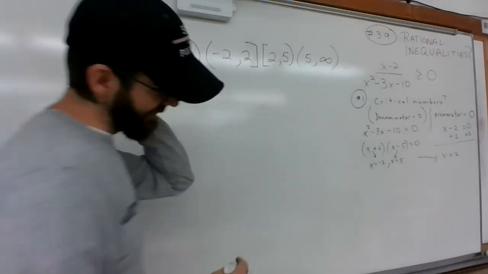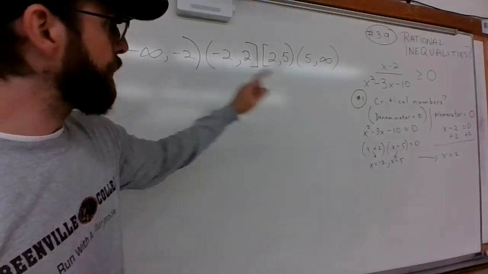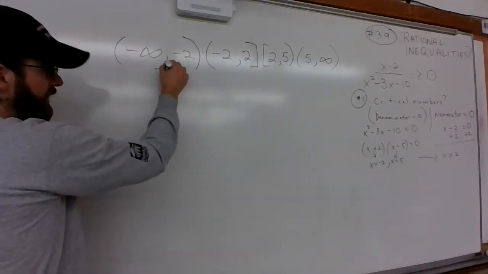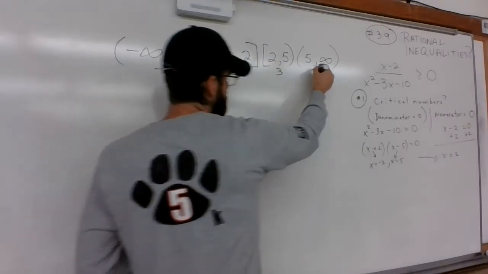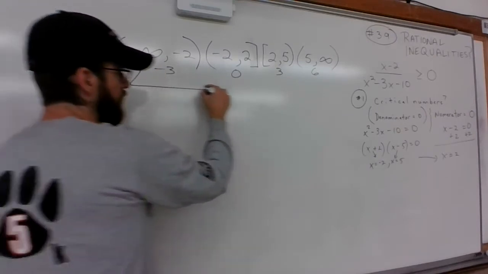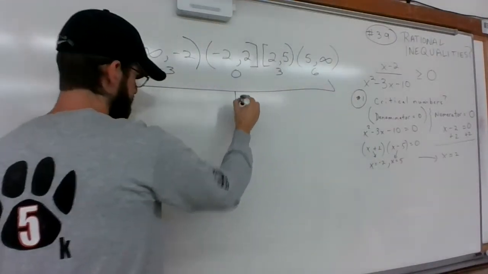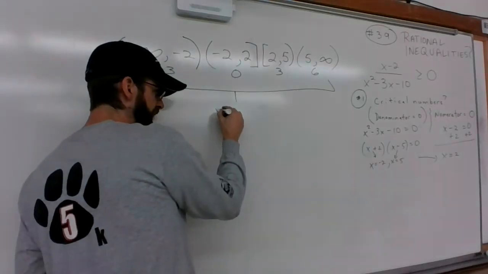Wow. Okay. So here's what I'm going to do. I'm going to rewrite. Pick a point in between: negative 3, 0, 3, 6. And we're going to plug all of these values one at a time into this x.